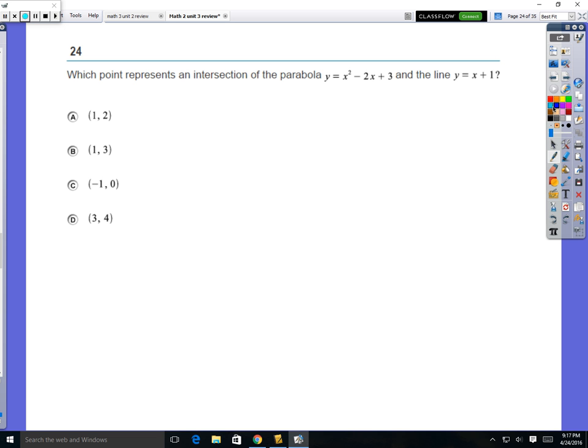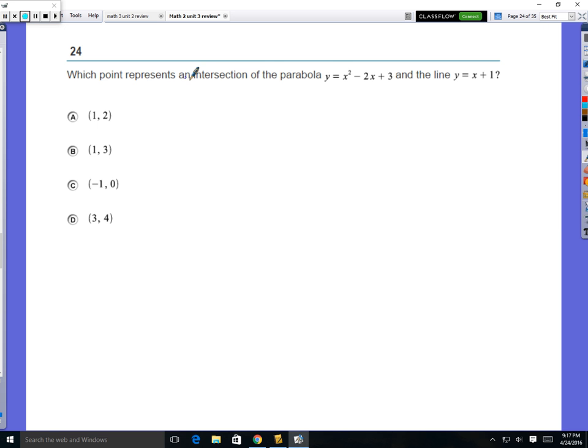24. What point represents an intersection of the parabola x squared minus 2x plus 3 and the line x plus 1? Okay, now check it out. This is kind of a cool trick. This is like a table, x's and y's. Now they've got to be true to both equations. If you've got a 1 and a 2, let's test.